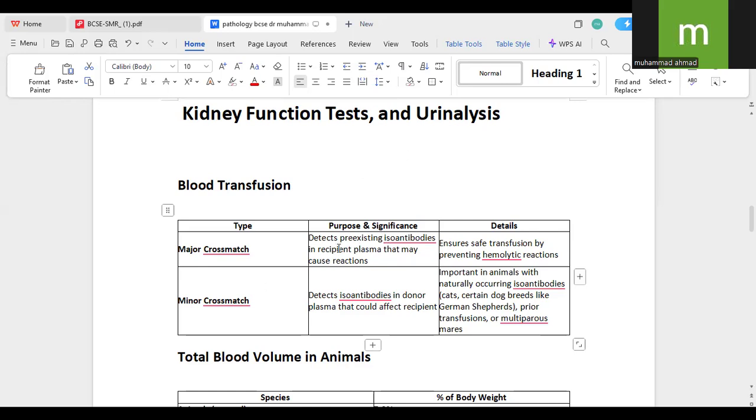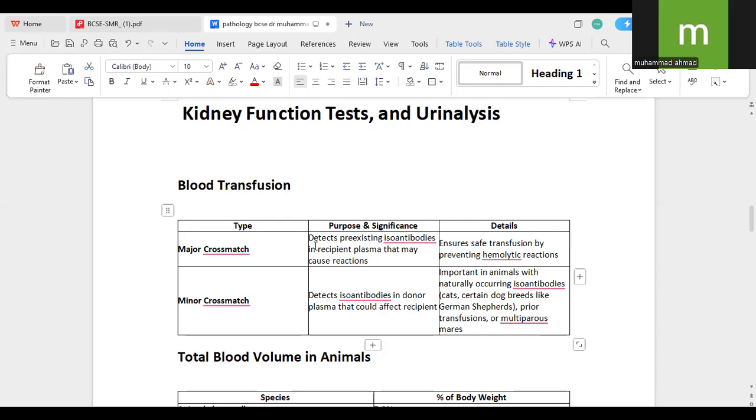So antibodies are not present against the antigen A, so we can give blood group A.